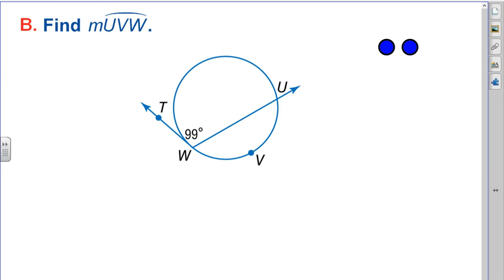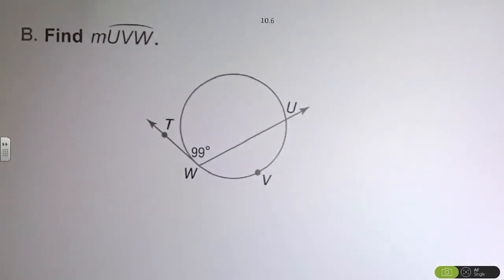Next example. Okay. So looking at this one, I'm trying to solve for the measure of arc UVW, and I have a vertex now of this secant line and this tangent line, but the vertex is on the circle. So there's your hint. Okay, so here we go. Let's look at the problem.